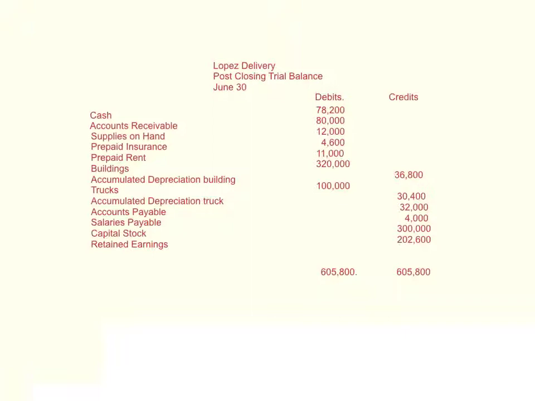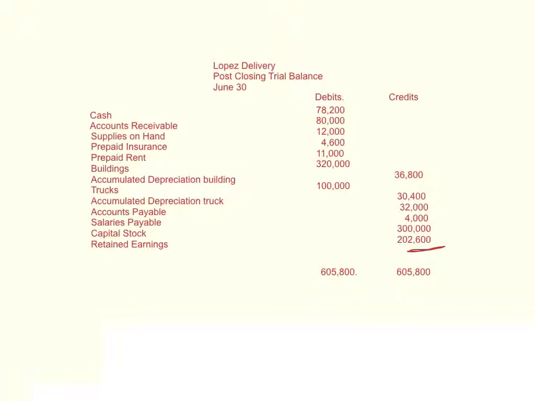So now at the end of June and the beginning of July, the only accounts in my records that have balances are balance sheet accounts: cash, accounts receivable, supplies on hand, buildings, accumulated depreciation, trucks, accumulated depreciation, accounts payable, salaries payable, common stock. And notice the retained earnings has been adjusted up.